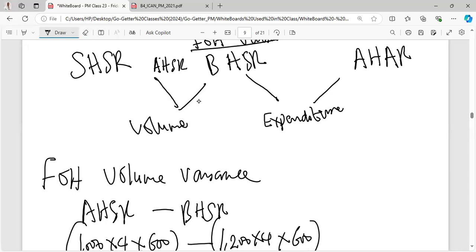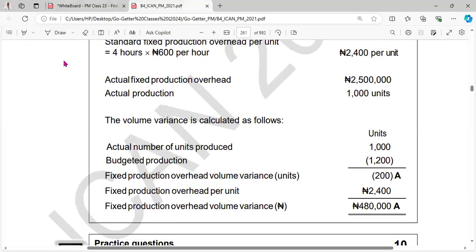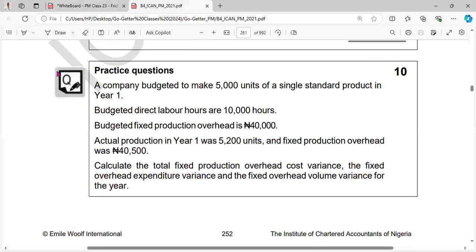Then we will do something between here and here. I think that should be efficiency. We will do all of that. All right, so we'll come back to this practice question.